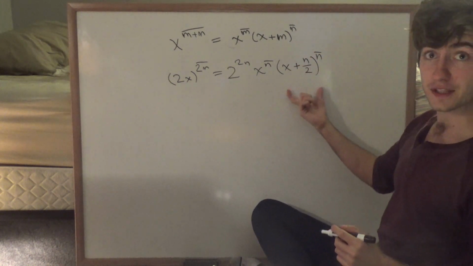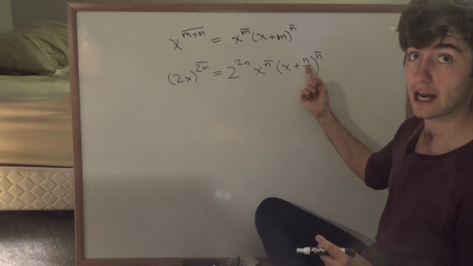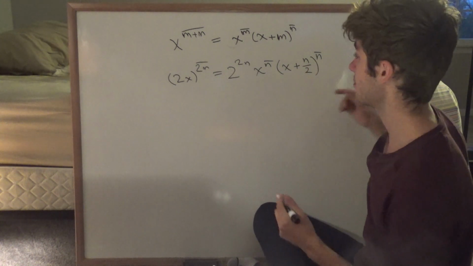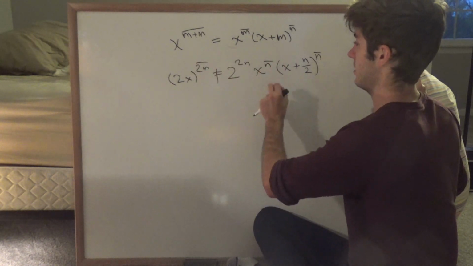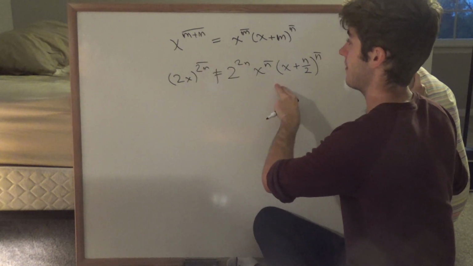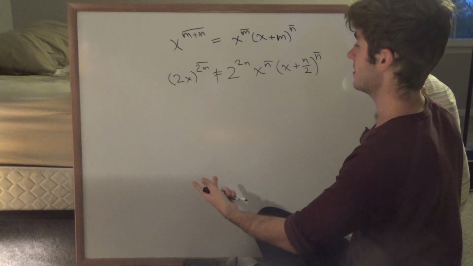And the thing that's wrong with this is that it should be 1, not n, inside. It shouldn't be n over 2, it should be 1 over 2. So this is not true. This is, but for some reason I'm not really sure why this does not jive with this. I don't really know why, to be completely honest with you.